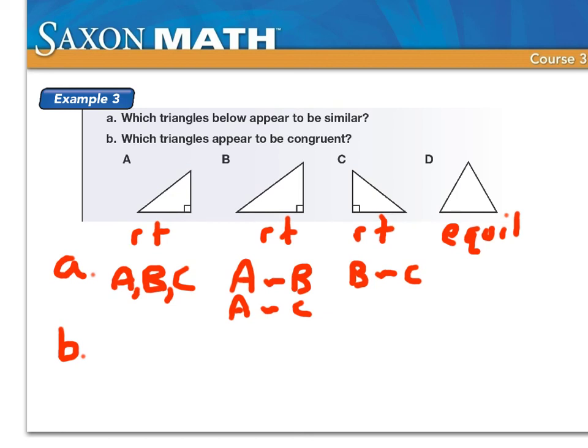So D over here is out again because it's not even similar with any of them. So we have to look at these three. Out of these three, they're all the same exact shape. Which ones appear to be the same size? Those ones would be A and C. And we can write that as A is congruent to C.